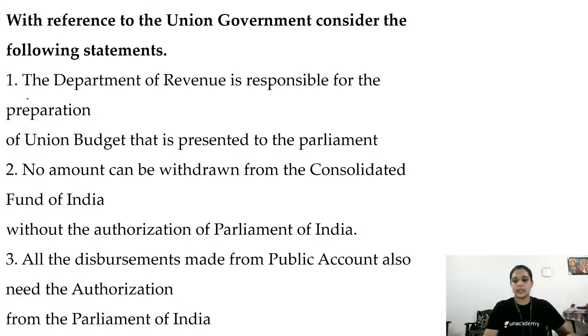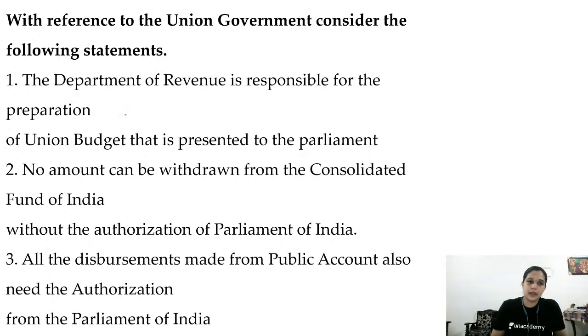With reference to the union government, consider the following statements.